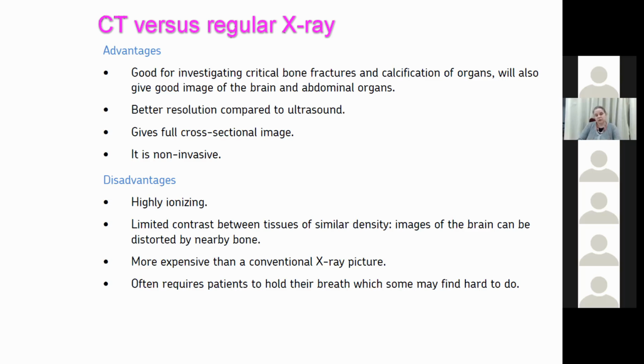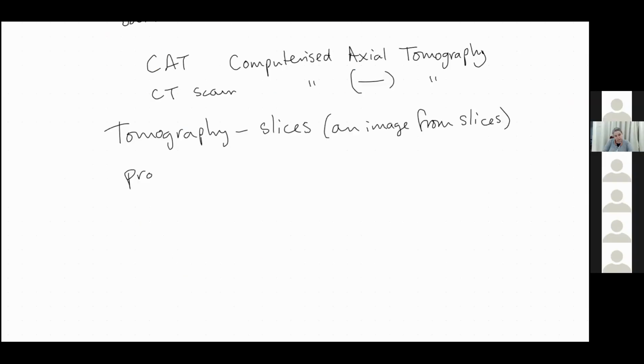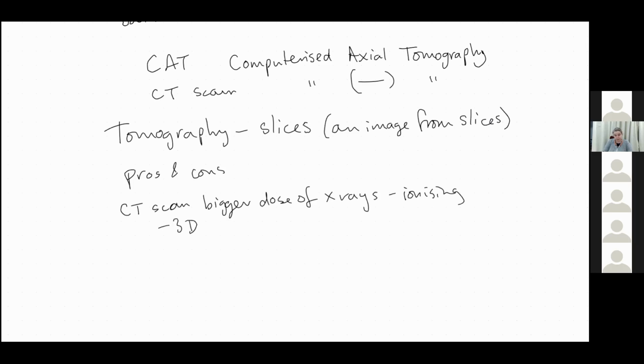So in terms of pros and cons, or advantages and disadvantages, the CT scan is a bigger dose of X-rays, which of course is ionizing.